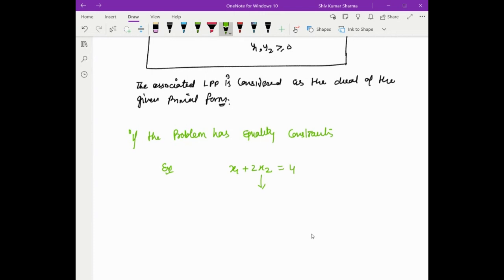First we make this problem into less than equal to or greater than equal to form.